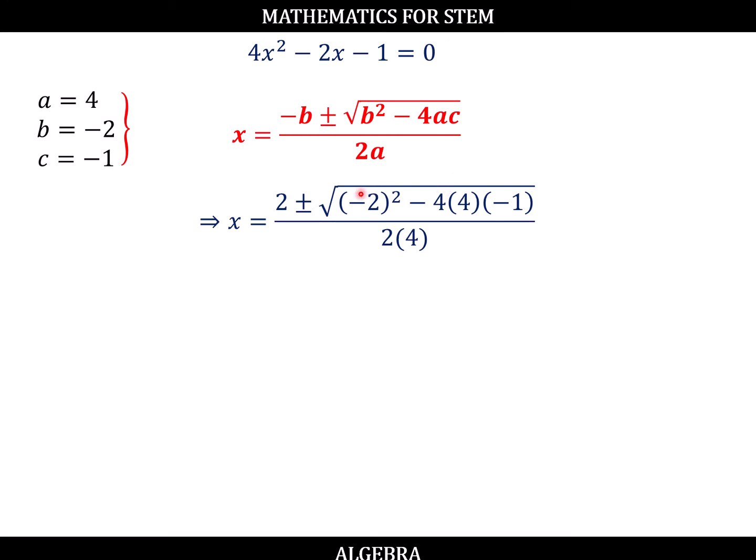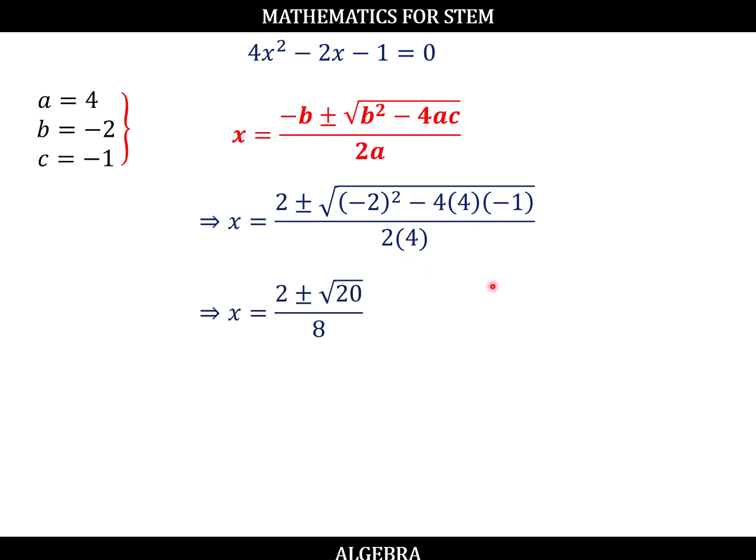So we're going to work out what's inside the square root. Now, minus 2 all squared is a plus 4. Minus 4 by 4 is minus 16. By a minus 1 is a plus 16. So inside the square root, we've got 4 plus 16, which is 20. On the bottom, 2 by 4 gives 8.